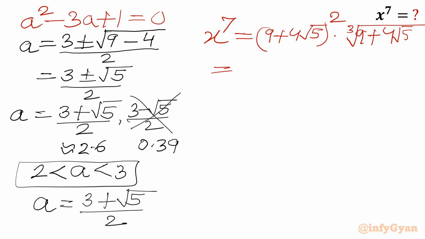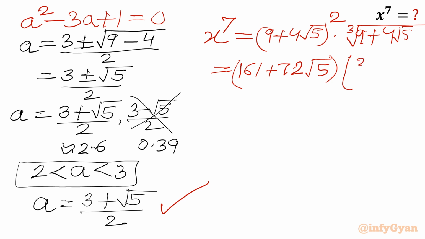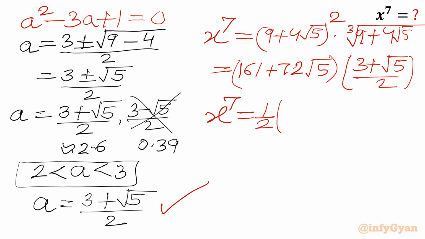So this was 161 plus 72 root 5, and the cube root is (3 plus root 5) over 2. Now we have to multiply only. So x power 7 will become half times 161 times 3.